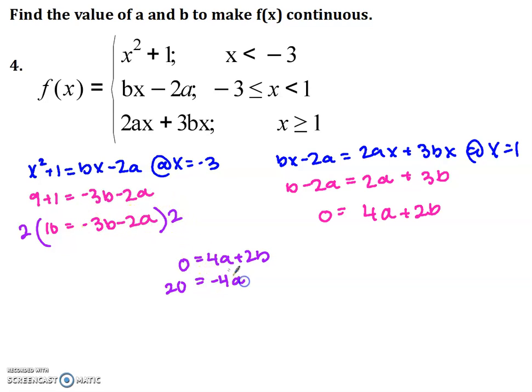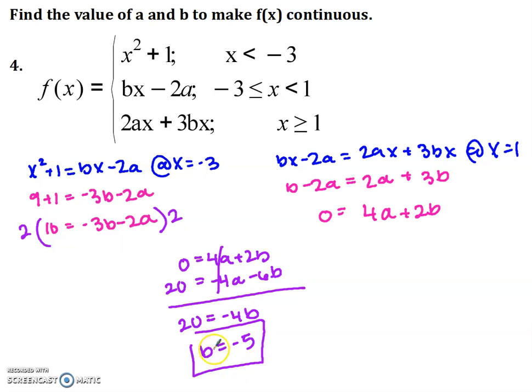I'm just going to rewrite it with the a first. So that'll be -4a, -6b. Then I can cancel the a's, and I get 20 equals -4b. Divide by -4, and I'll get b equals -5.